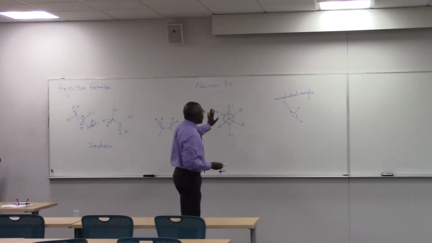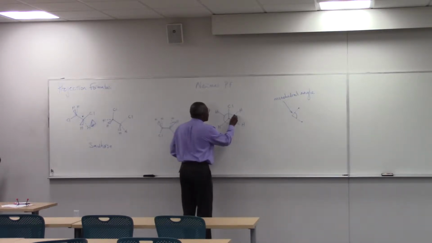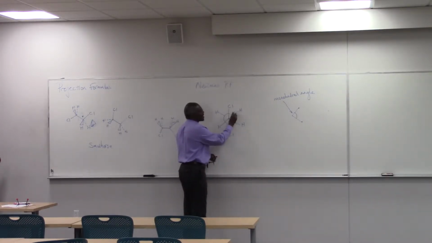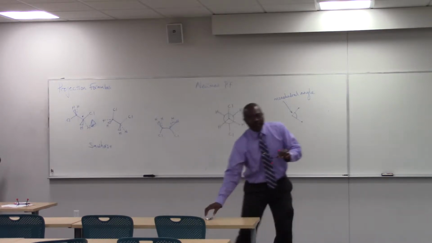When I look down this molecule, it looks as if the angle between, for example, this Cl and that H is 60 degrees. It looks as if the angle between that Cl and that Cl is 180 degrees. But those are not connected by one hinge point, right?